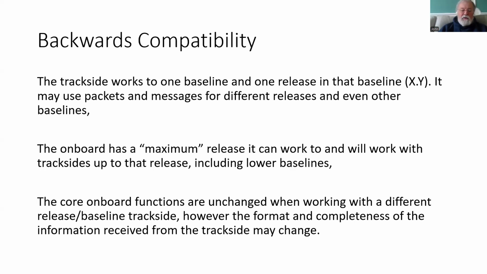What that means is that if, for instance, in baseline 3 release 2, the DMI format has been updated compared to baseline 3 MR1, then a train operating on a baseline 3 MR1 trackside will still display a DMI looking like a baseline 3 release 2, because that is the baseline and release of the onboard.